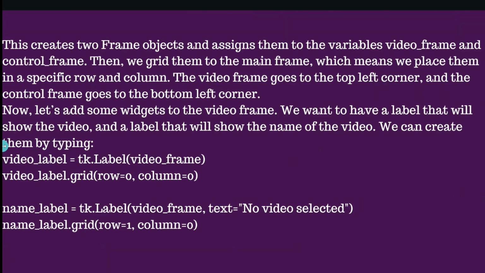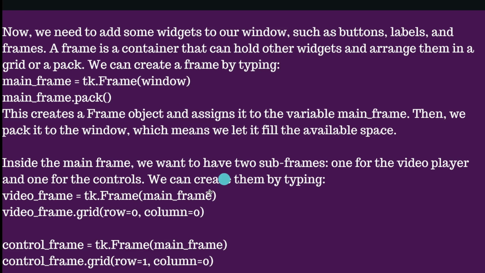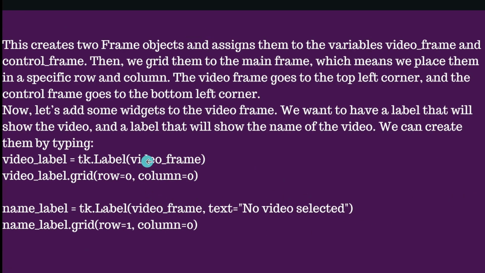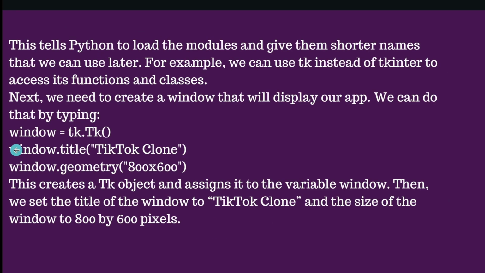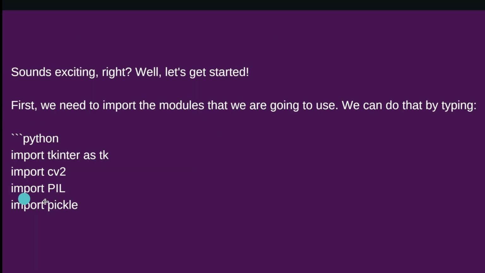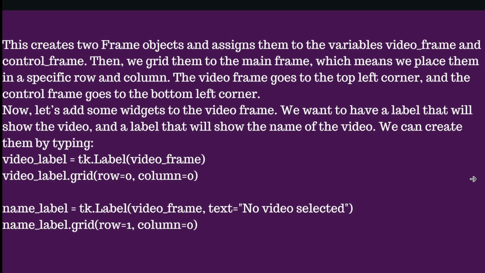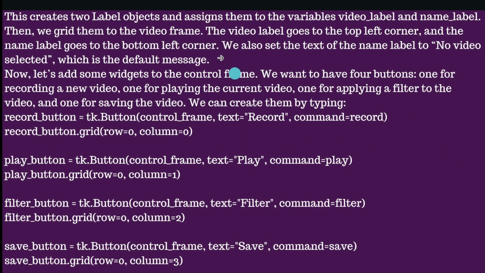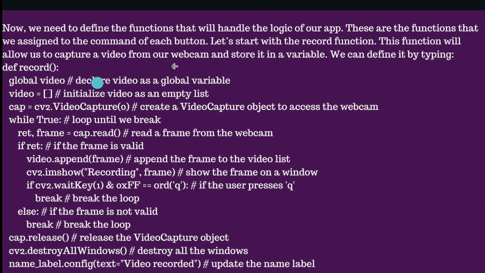Also record, we used that before. Let's see if we can find that. Okay, I'm having a hard time finding it, but we might have used it, and if we didn't, we have to define what record is and what it will do before using it.